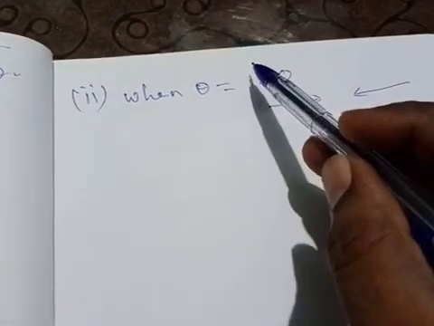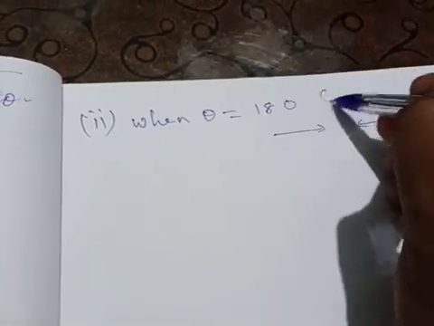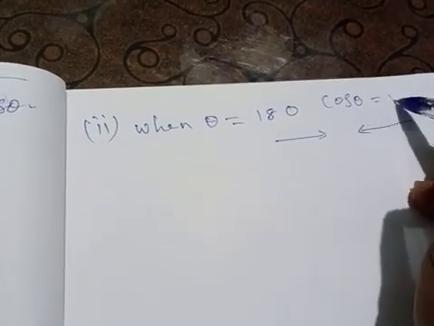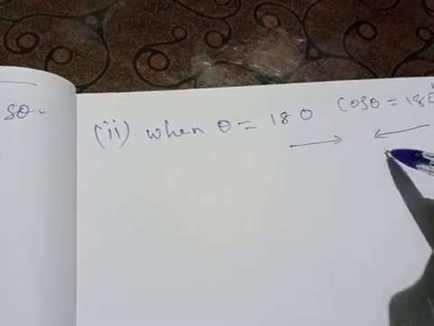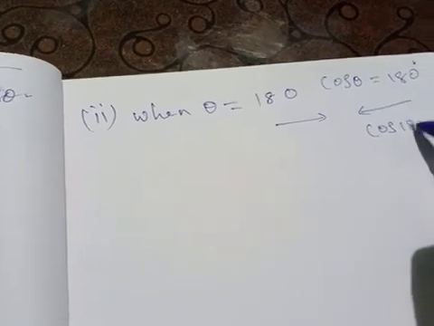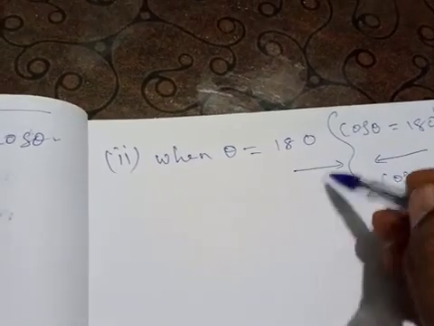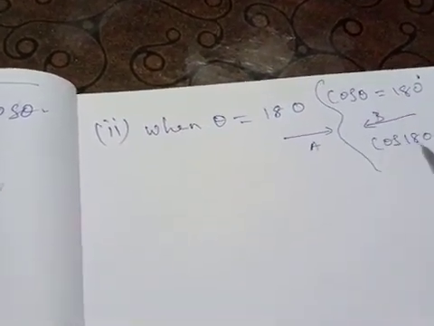So the angle is theta equal to 180 degree. We know that cos 180 will come as -1. Okay, this is A, this is B, moving in opposite directions.